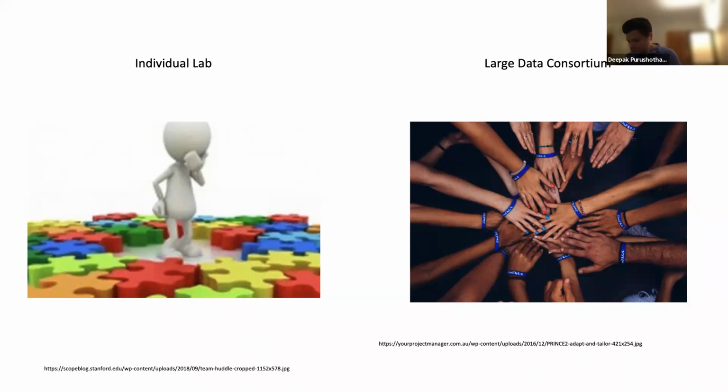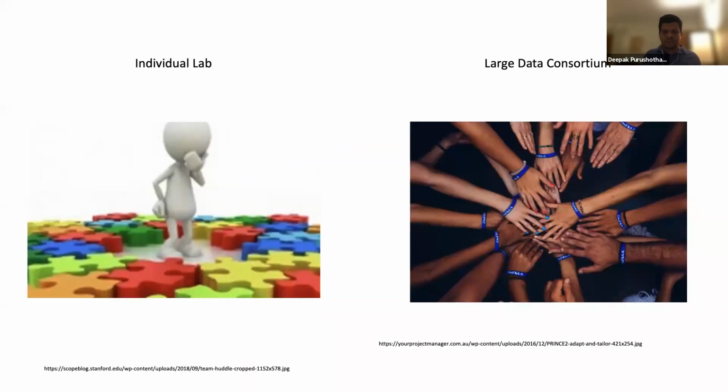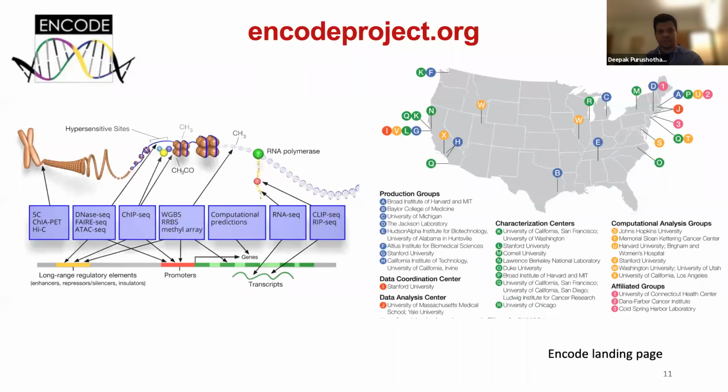And one such star example, at least for understanding the first 3 points, one very well known consortium project which has spanned almost 2 decades now, and it continues, is the ENCODE project. For those of you who are not familiar with the ENCODE project, it initially started probably shortly after the human genome was sequenced, so probably around 2003.